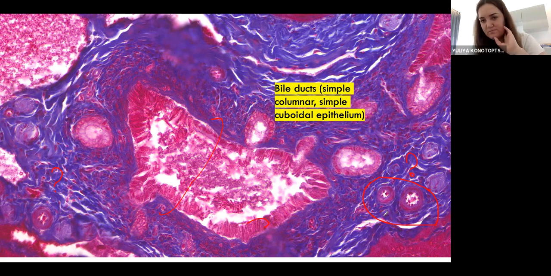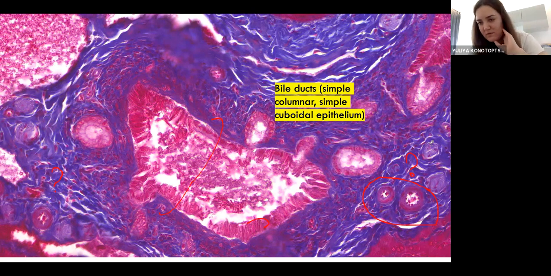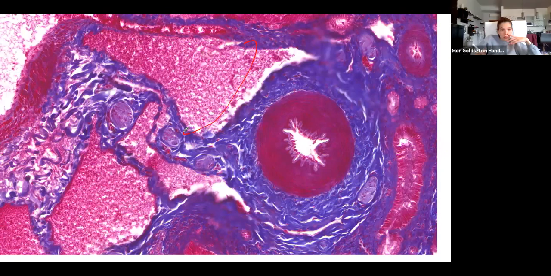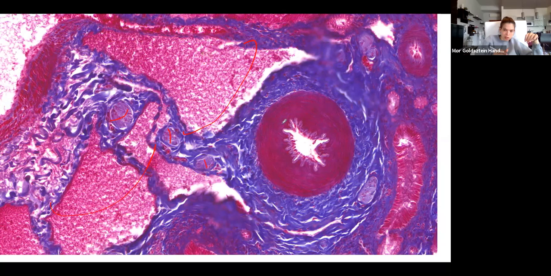What about these ones? Hepatic arterial. Very good. These are the hepatic arterioles. These structures right next to it are nerves. So we can see that nerve fibers are present here as well. Okay, what about these ones? Nerves. These ones? Portal vein. It's a vein. Okay, so this is portal vein. This is also portal veins. These ones? Nerves. Nerve fibers.